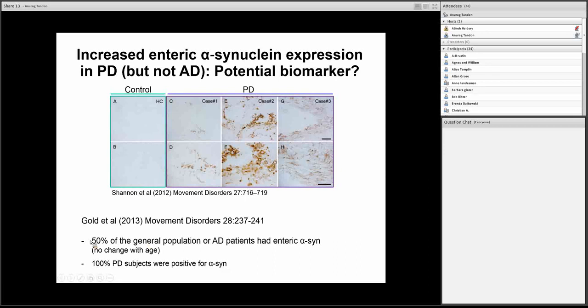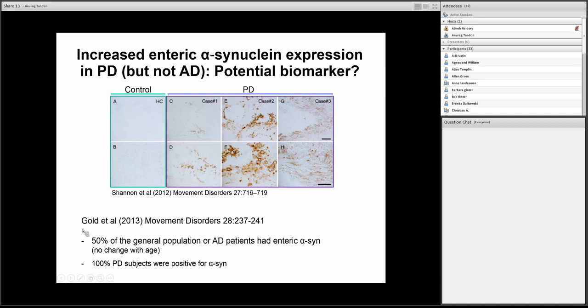However, only about 50% of the general population was free of synuclein pathology. And this was the same whether there were 80 patients as well. So there appears to be some specificity of the synuclein pathology in the enteric tissue relative to Parkinson's disease, although it wasn't quite as striking as the original finding.